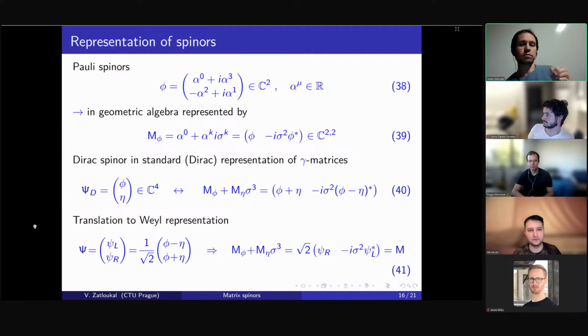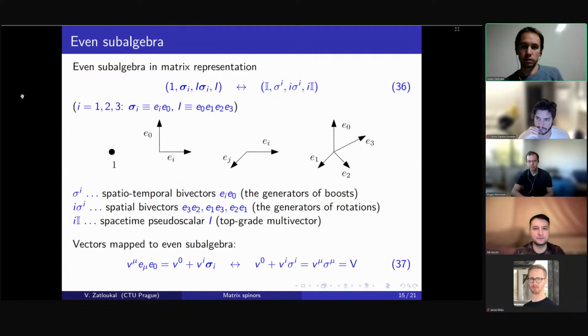And of course, it turns out that this correspondence exactly will yield our matrix spinors once we matrix represent the even multivectors. So we already made this matrix representation of the even multivectors, and now just to make sure that the two approaches to Dirac spinors are compatible.